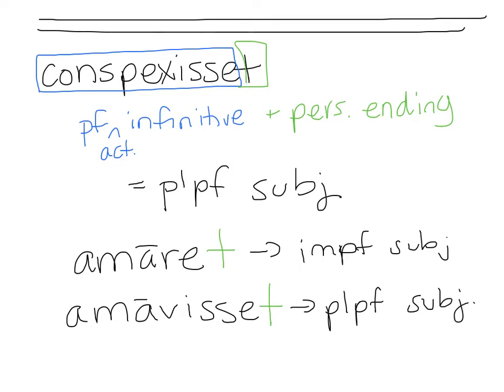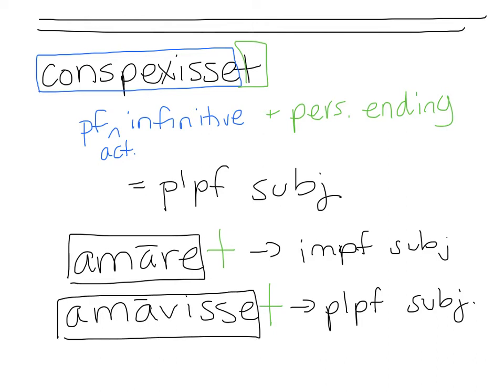Both of these are active, by the way. So that's the respective infinitives in the present system. For the imperfect subjunctive, I'm using the present infinitive. In the perfect system, to create the pluperfect subjunctive, I'm using the perfect system infinitive. And I'm just adding a personal ending.